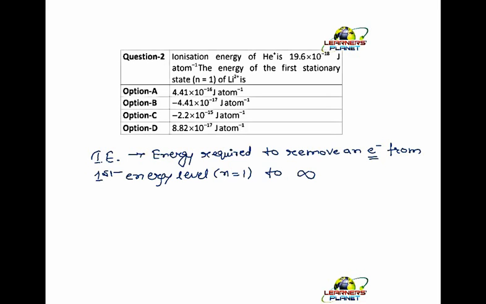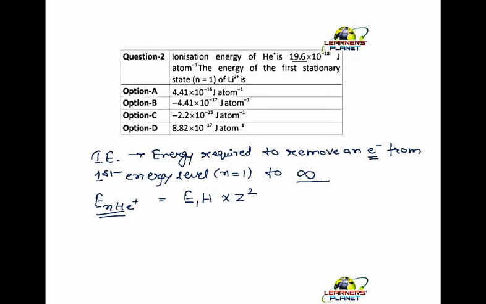So this is the energy required. It means this much is the energy possessed at the first energy level. Now the energy of anything, if I take up helium plus, is equal to the energy of the first level of hydrogen multiplied by Z square, right? Now this energy we are provided with.